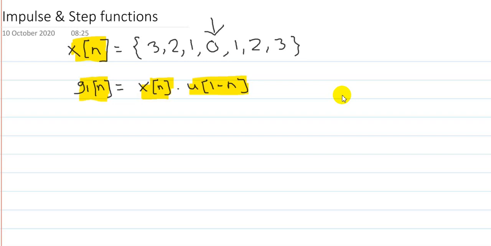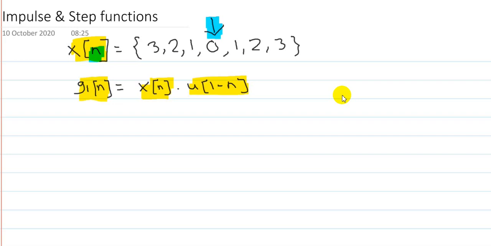If you remember, I told you earlier that if we are given a discrete time signal in this particular format, we have to look for this arrow sign, or you can say this is a pointer or a marker. This will tell us that the particular sample, which is 0 in this case, is at position n equal to 0.